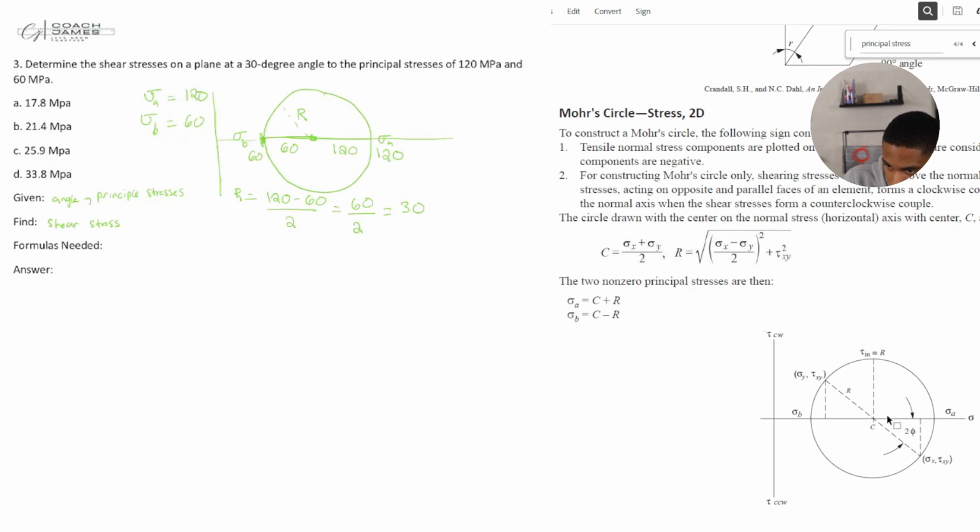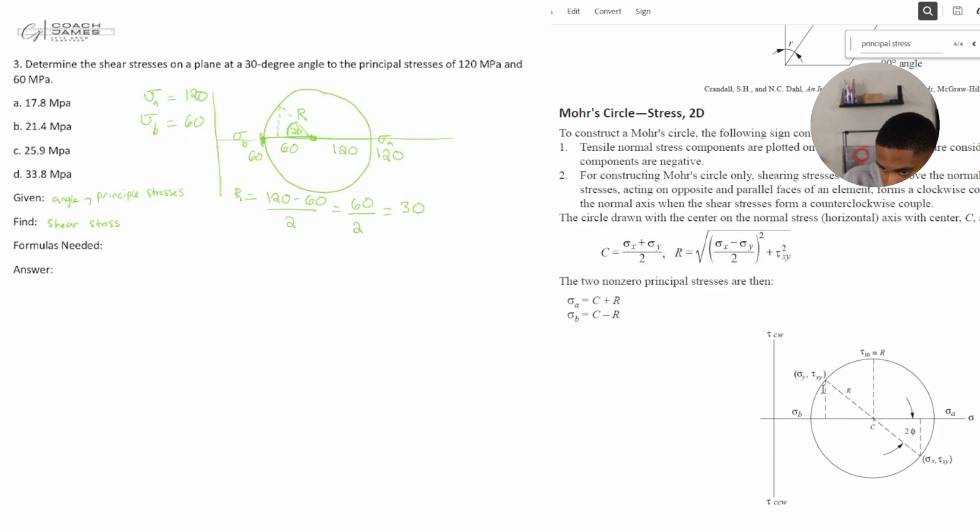So if I have 30, which is R, how do I get TXY? Well, I have my R, right? And then I also have my angle. This angle is 2 times my theta. So my shear stress is going to be happening in the Y direction, right?